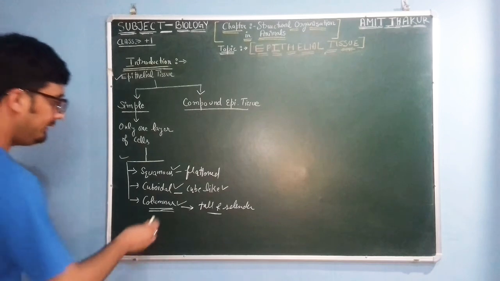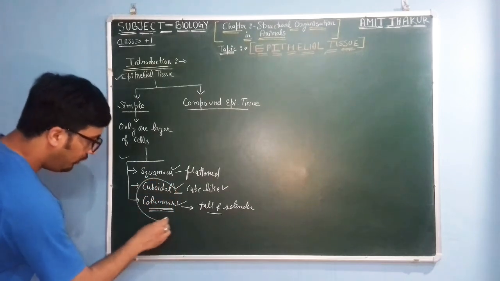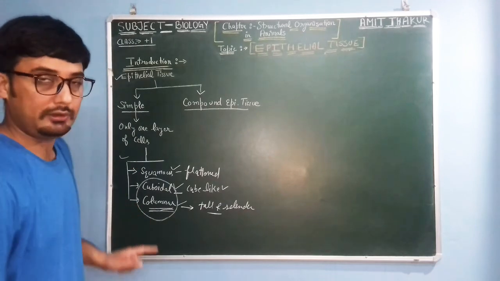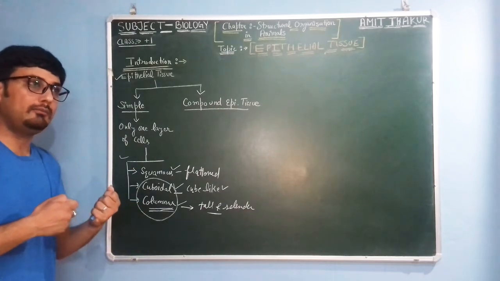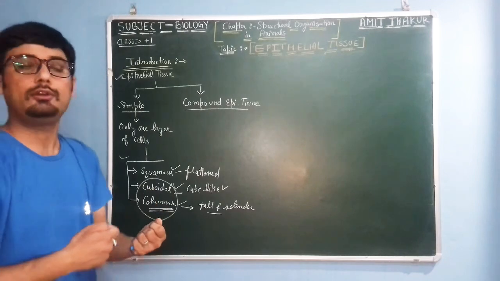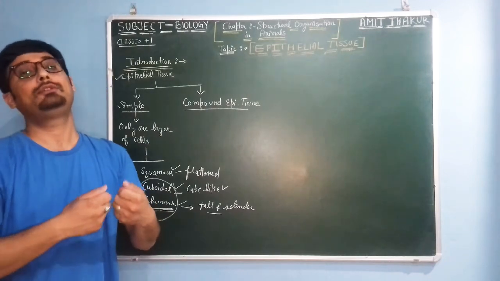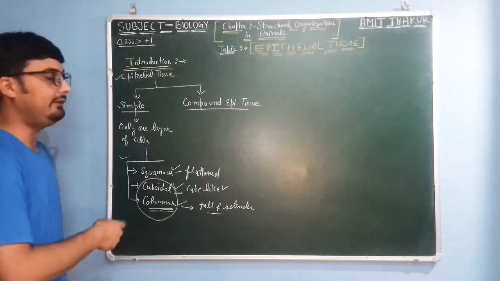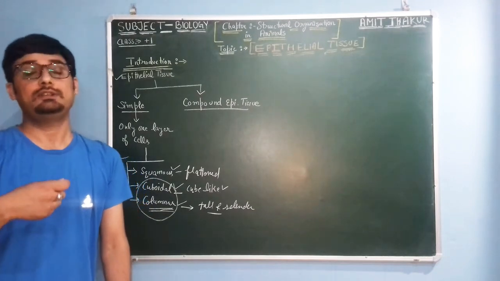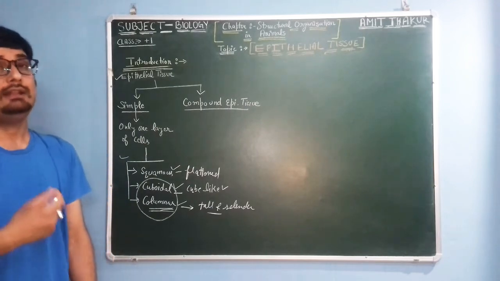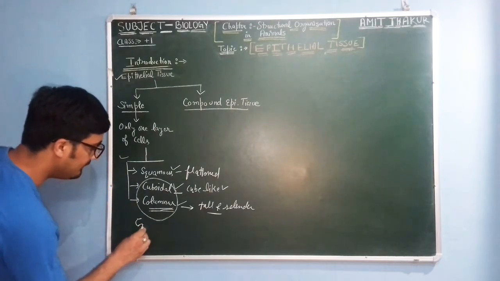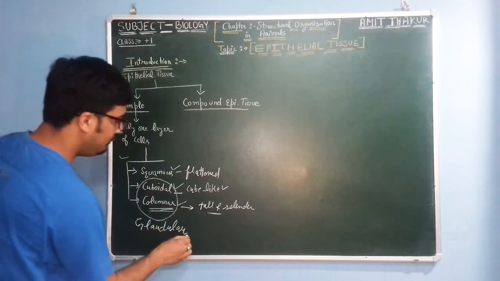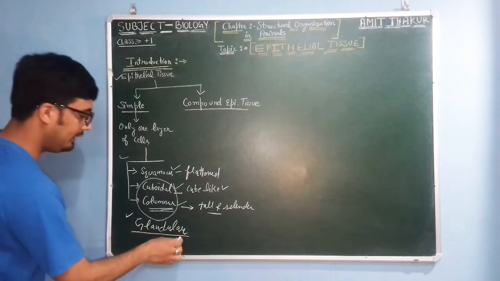So, and if cuboidal और columnar, यानी दोनों में से अगर वो modify हो जाए और specialized हो जाए for some kind of secretions, if cuboidal or columnar, they get specialized for some specialized secretions, then they are known as glandular epithelium. ये हमने क्या बोला?